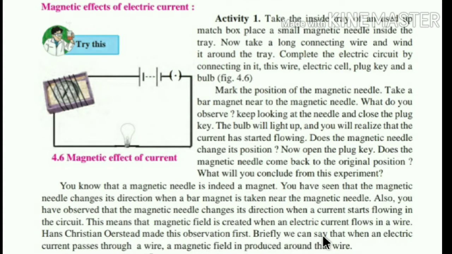Briefly, when an electric current passes through a wire, a magnetic field is produced around that wire, and that is detected by this magnetic needle.